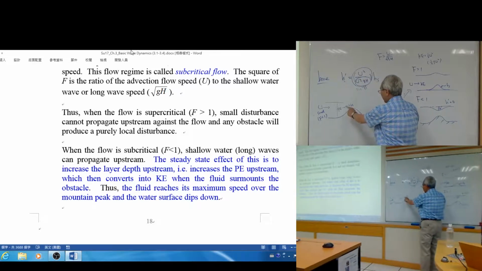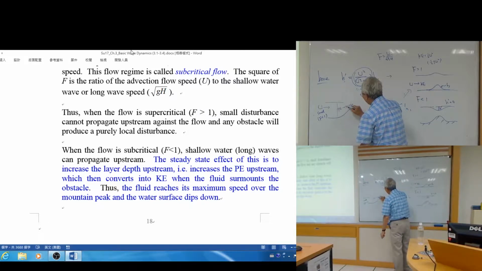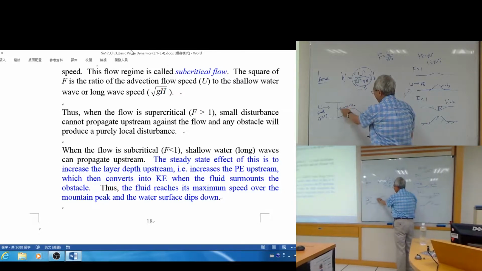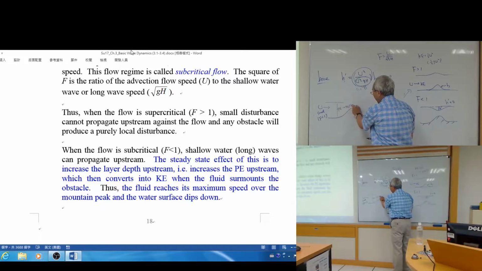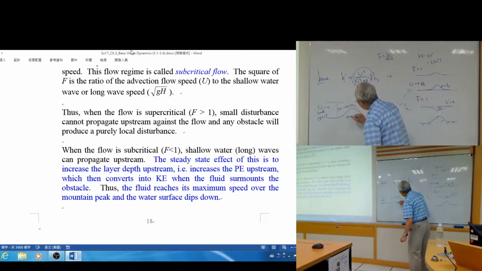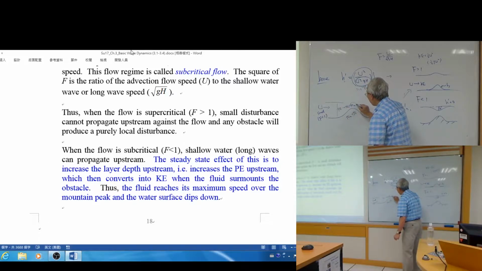Over the mountain, it will become like this. Here, part of this potential energy is going to become kinetic energy, so the PE over the mountain will be decreased. It will be smaller than the PE upstream.